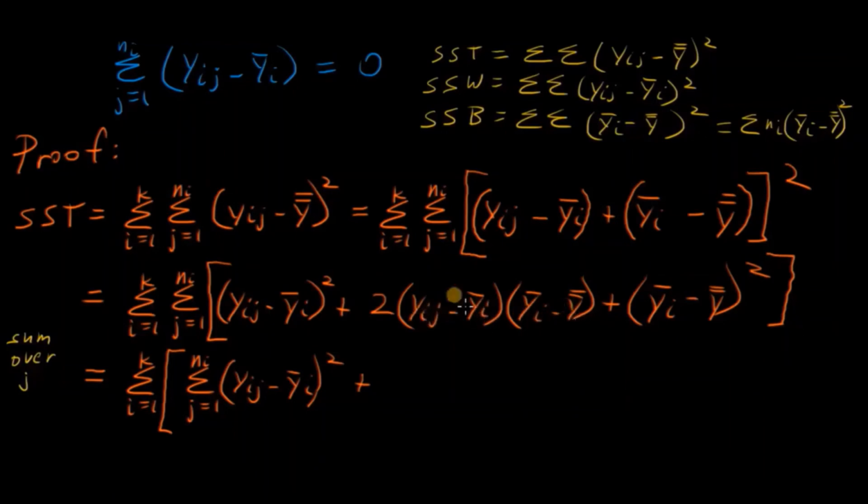This doesn't have a j, and obviously the 2 doesn't have a j. So they're constants with regard to the j summation, so we can put those in front.